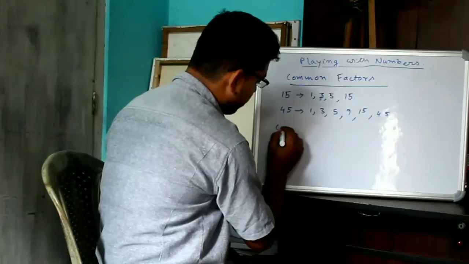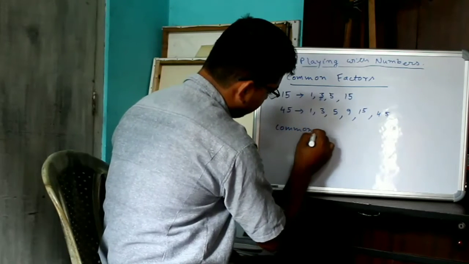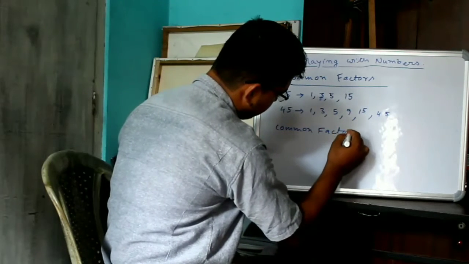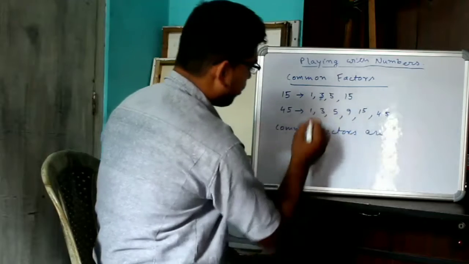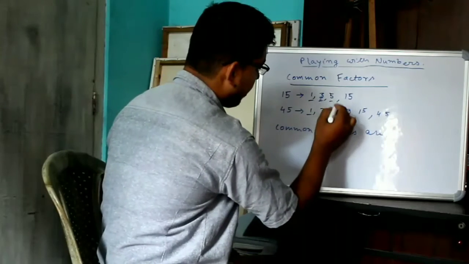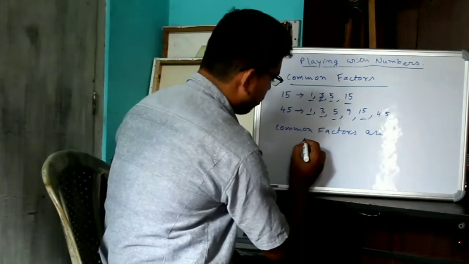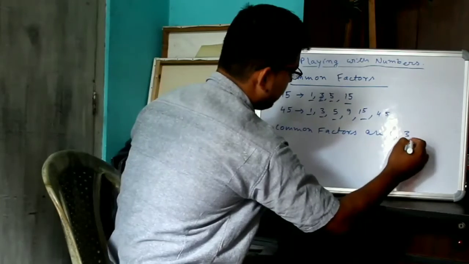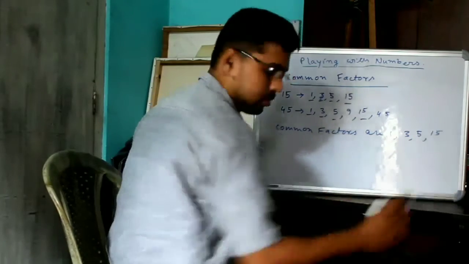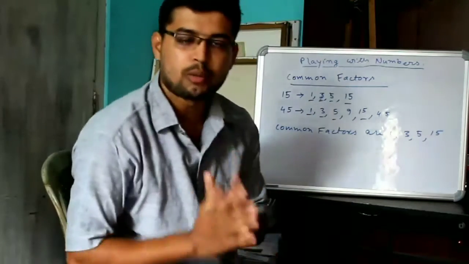The common factors are 1, 3, 5, 15. So this is called common factors.